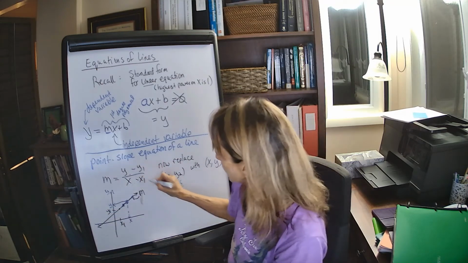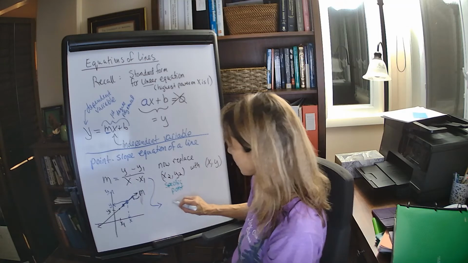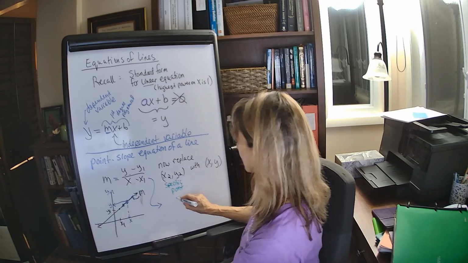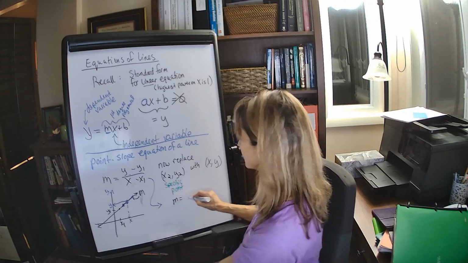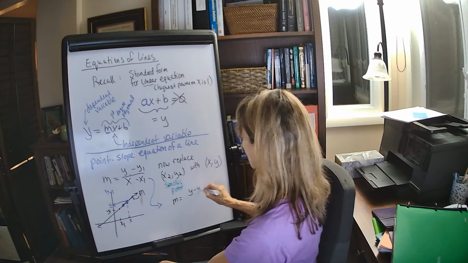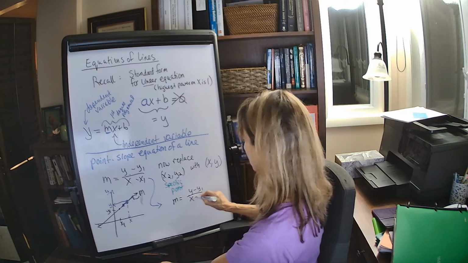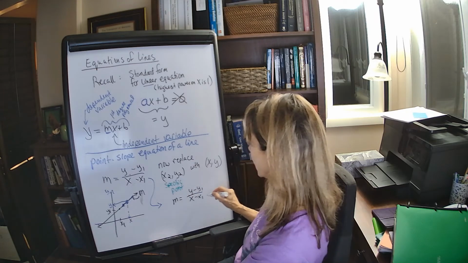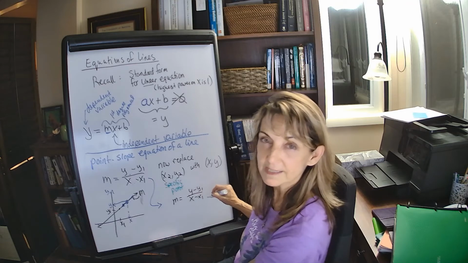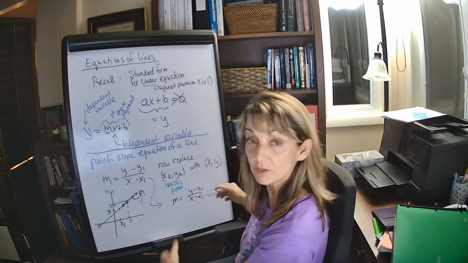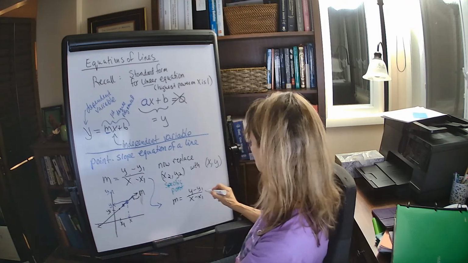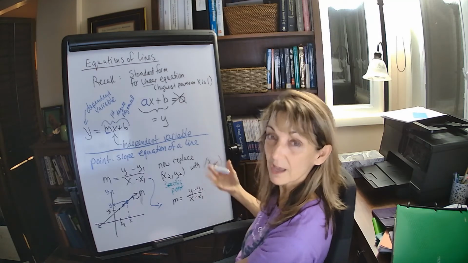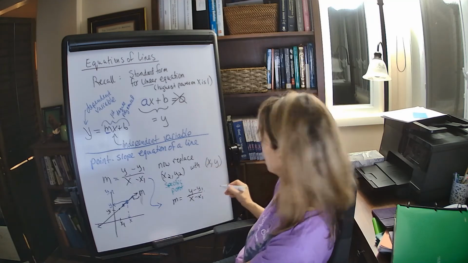By doing that, I've come up with this equation, m equals y minus y1 over x minus x1. And all I'm going to do now is what we learned back in topic 3, dealing with rational expressions. I want to get rid of the denominator on both sides, to make this simpler by removing the fraction.